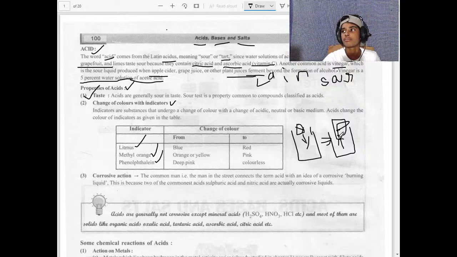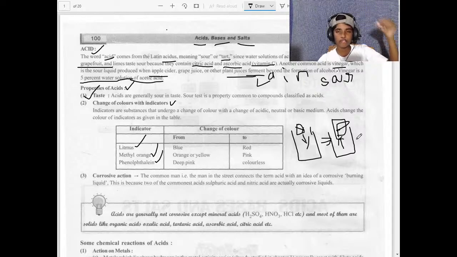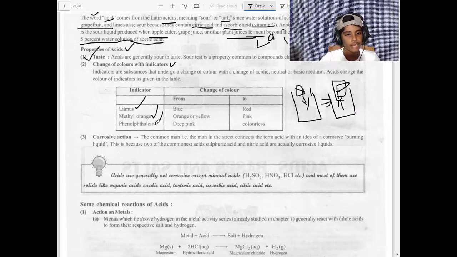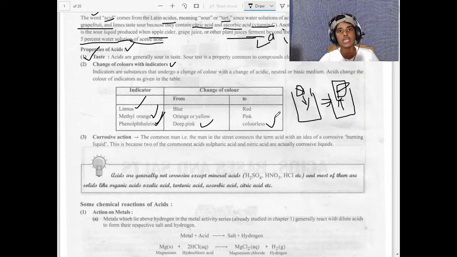Same thing, we push it for 2 seconds and pull it. Phenolphthalein, deep pink and colorless. Suppose we push it for 2 seconds, deep pink color, and pull it, it will become colorless, like air.